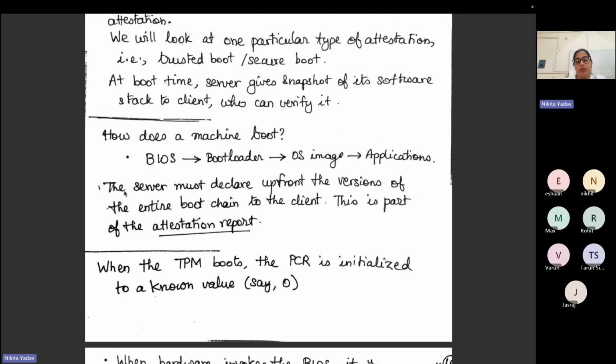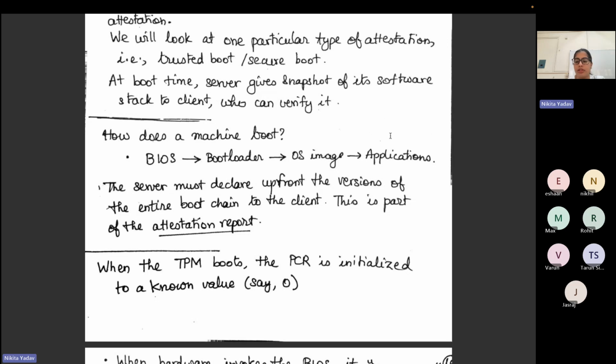And the server must declare upfront the versions of the entire boot chain to the client. The server must say, this is my boot process. This is my BIOS, this is my bootloader, this is my OS, which is Linux version this.